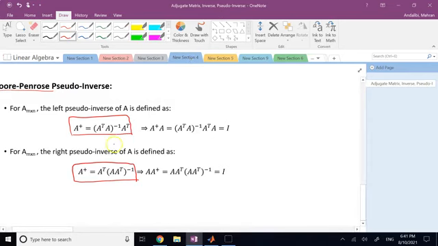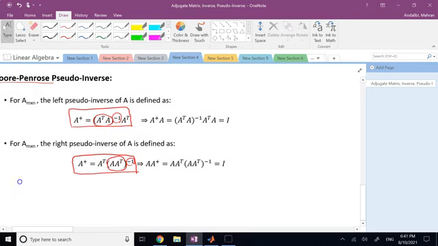Now you might say, well, this A transpose A that I'm inverting here, or A transpose that I'm inverting here, does it always have an inverse? Well, for example, A transpose A inverse exists if what? If the determinant of this matrix is what?